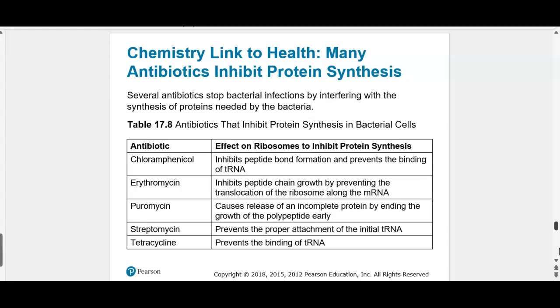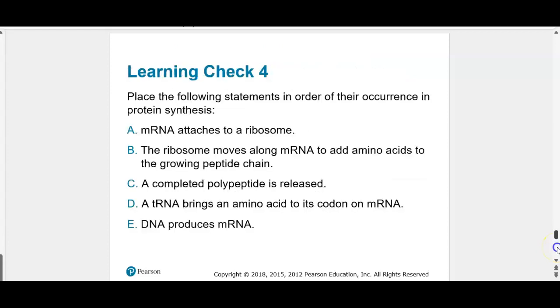The steps are a lot alike, but there are differences which can be exploited in antibiotic synthesis. It's not quite as easy when you're talking about protozoa, fungi, things like that, but that's one of the things they wanted you to know here.